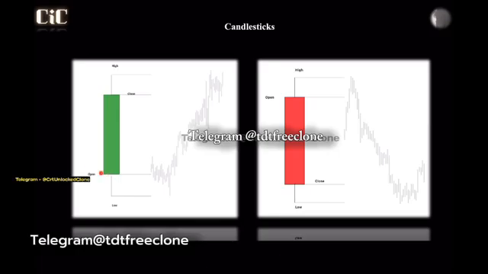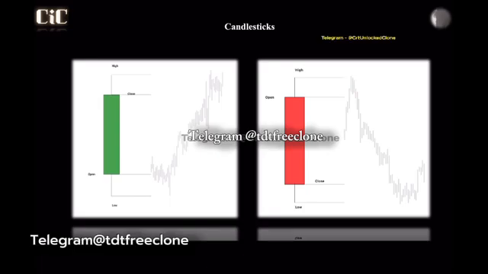So open low, high close, which means the market makers are pushing price higher. Open high, low close, which means they are pushing price and intend to attack liquidity lower. And as I always preach, we're looking to trade below the opening price of potentially bullish candles and above the opening price of potentially bearish candles.